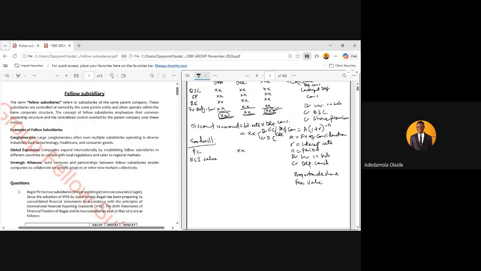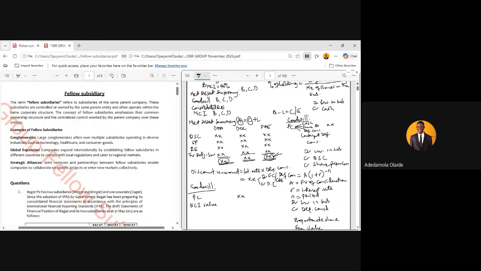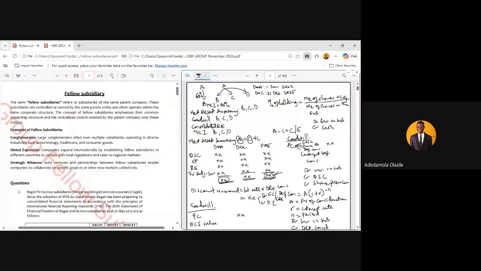Like we said in this example, NCI is holding 40%. So if they are holding 40%, and this figure is, let's say, 2,200, 40% of 2,200 is what will be NCI value at acquisition. That's the proportionate share method.